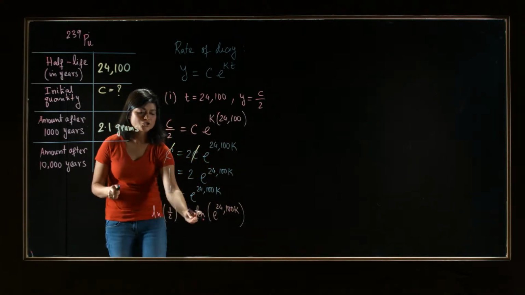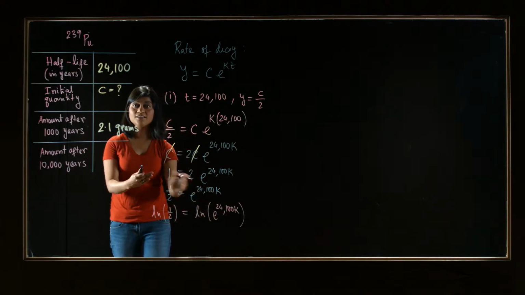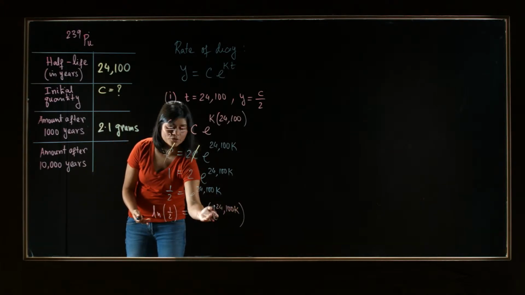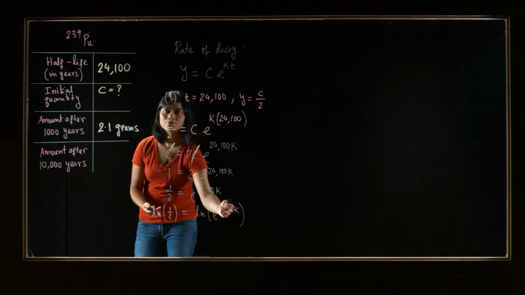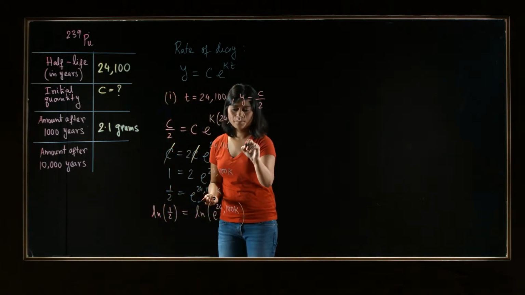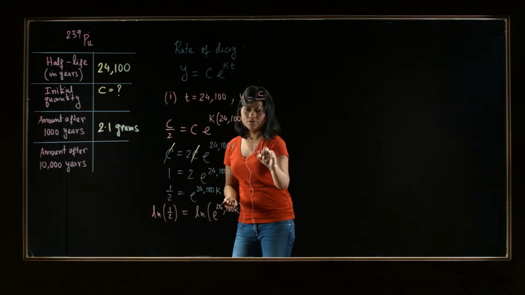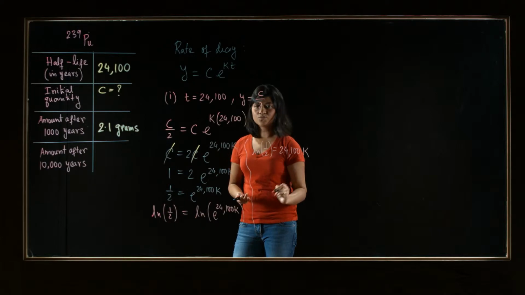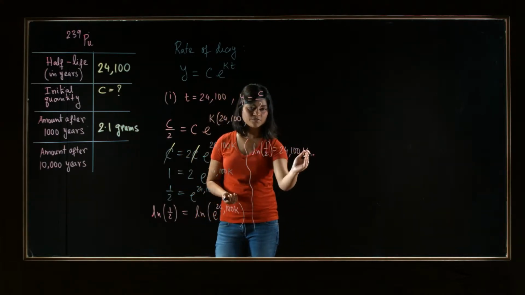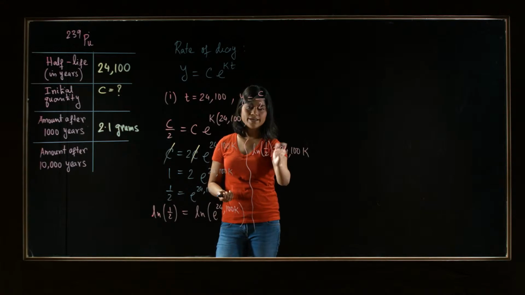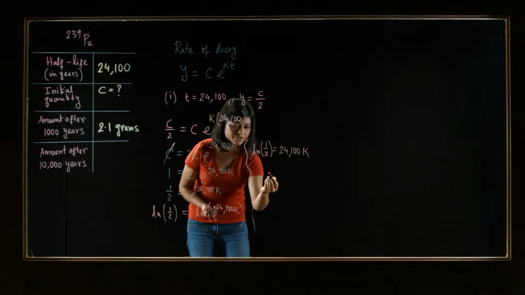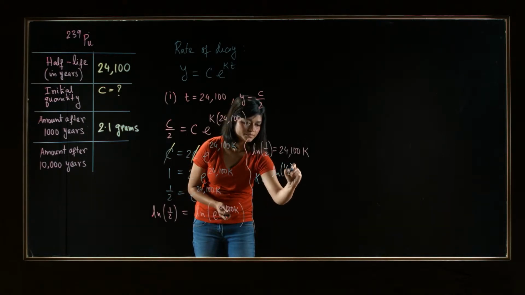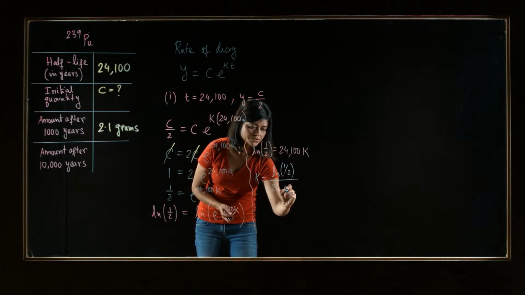Recall that natural log and exponential functions are inverse to each other, and therefore they cancel each other. On the right-hand side we can cancel out e and ln, and we will be left with whatever is in the exponent. So we have natural log of 1/2 is equal to 24,100k, and you can figure out the value of k by dividing both sides by 24,100. Therefore k is ln of 1/2 over 24,100.